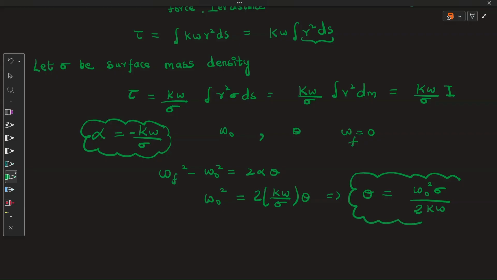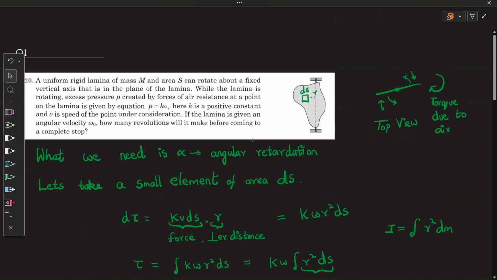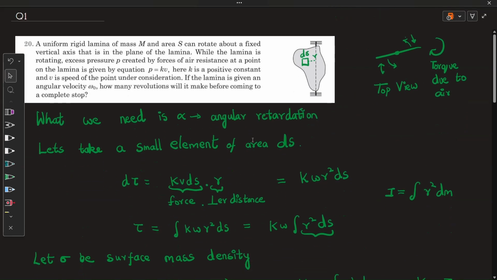This is the required theta. But they are asking the number of revolutions, so we have to divide it by 2 pi. So the number of revolutions n is omega naught square sigma by 4 pi k omega. This is the number of revolutions which the lamina undergoes before it stops.